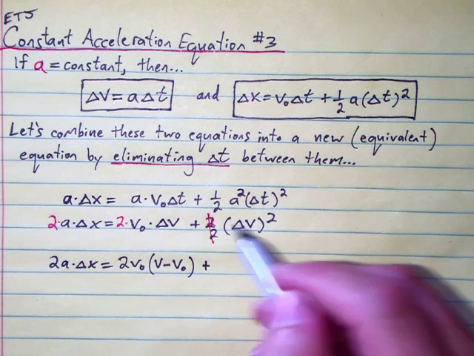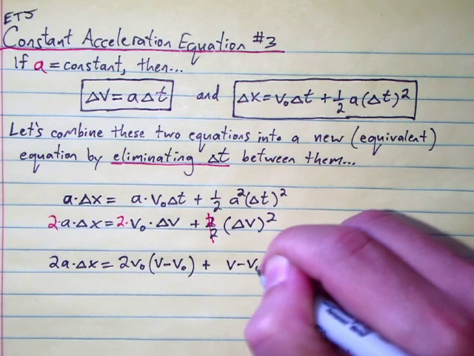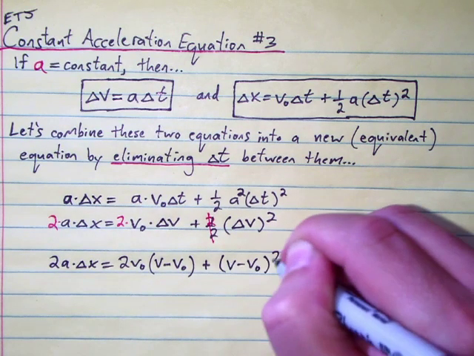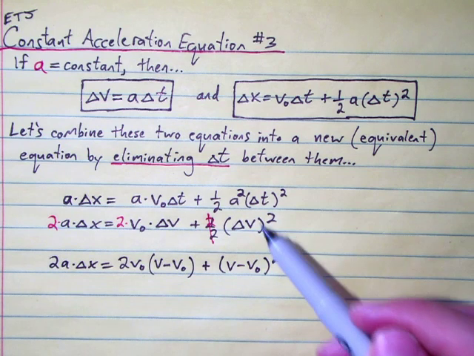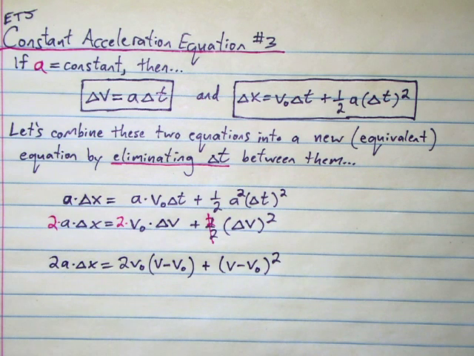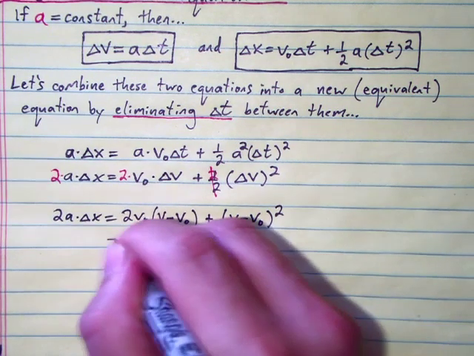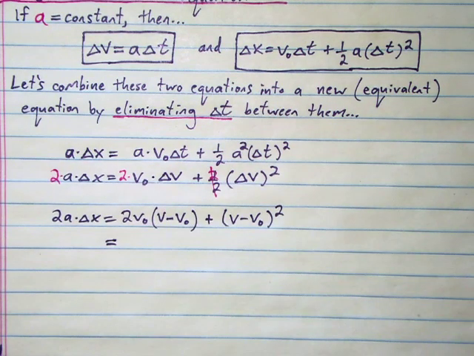So the square is around this whole thing. Delta v inside is v minus v naught, and then the whole thing is squared. I use my parentheses very carefully here to indicate squaring the whole thing. Next step is to multiply out some of these terms on the right-hand side. Left-hand side doesn't change.